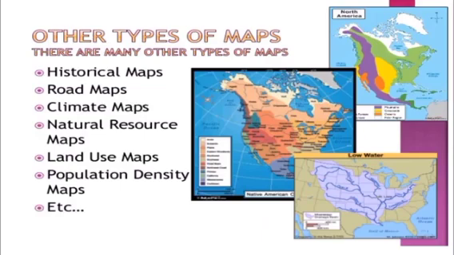Next, let's see about other types of maps. There are many other types of maps like historical maps, road maps, climate maps, natural resource maps, land use maps, population density maps, etc. Here we can see the different types of maps.